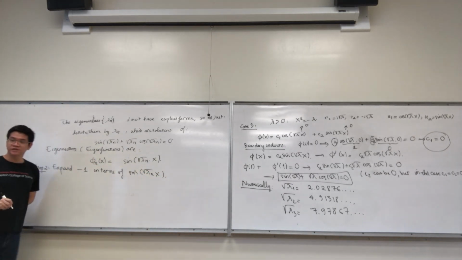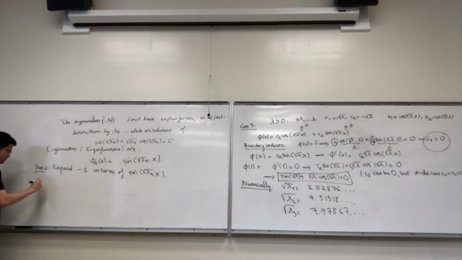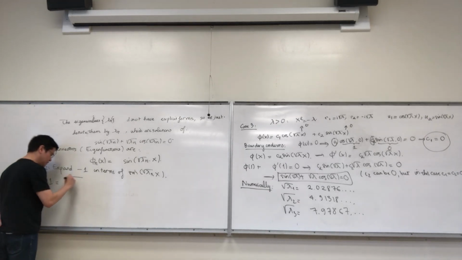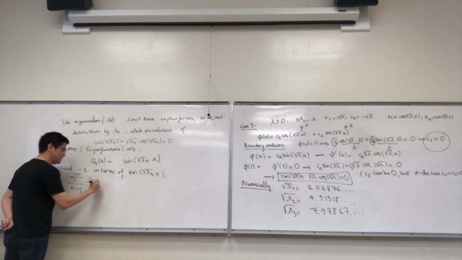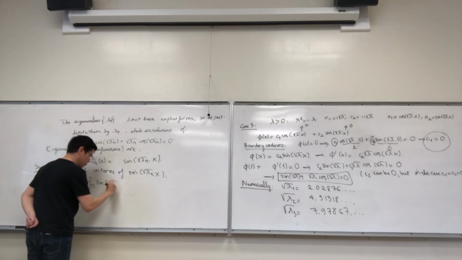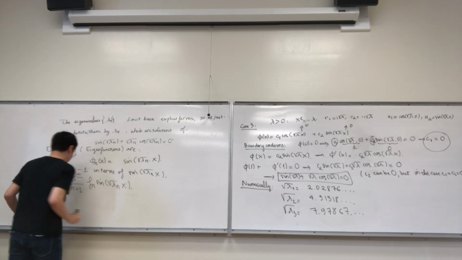All right. So you're going to have a formula which is similar to a Fourier series. So you have minus 1 is the sum when n is going from 1 to infinity of fn sine of square root of lambda n and x.